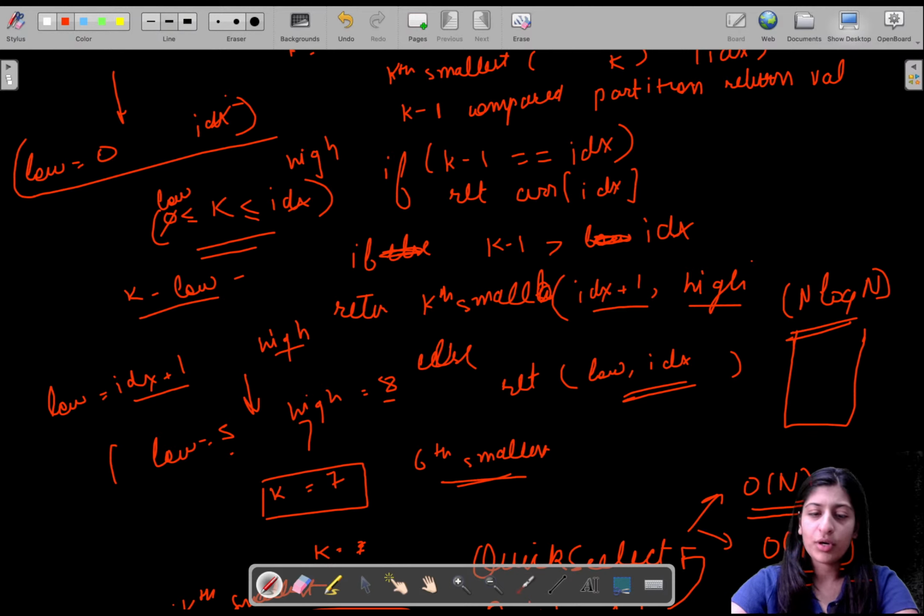Now one important thing: we are going to call recursion, but recursion is within certain ranges, and we have to ensure that k is greater than or equal to 0 whatever ranges we are in, and k is less than, what should be the maximum range of k? In that case it should be something like R minus L plus 1. I will explain why it is so. This will give you the maximum range of k.